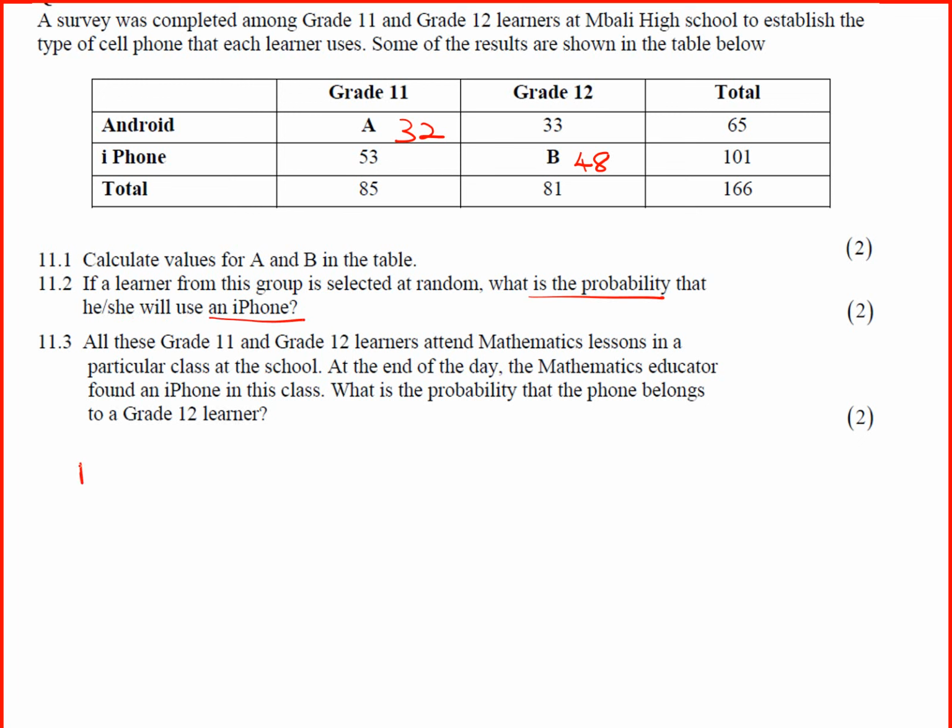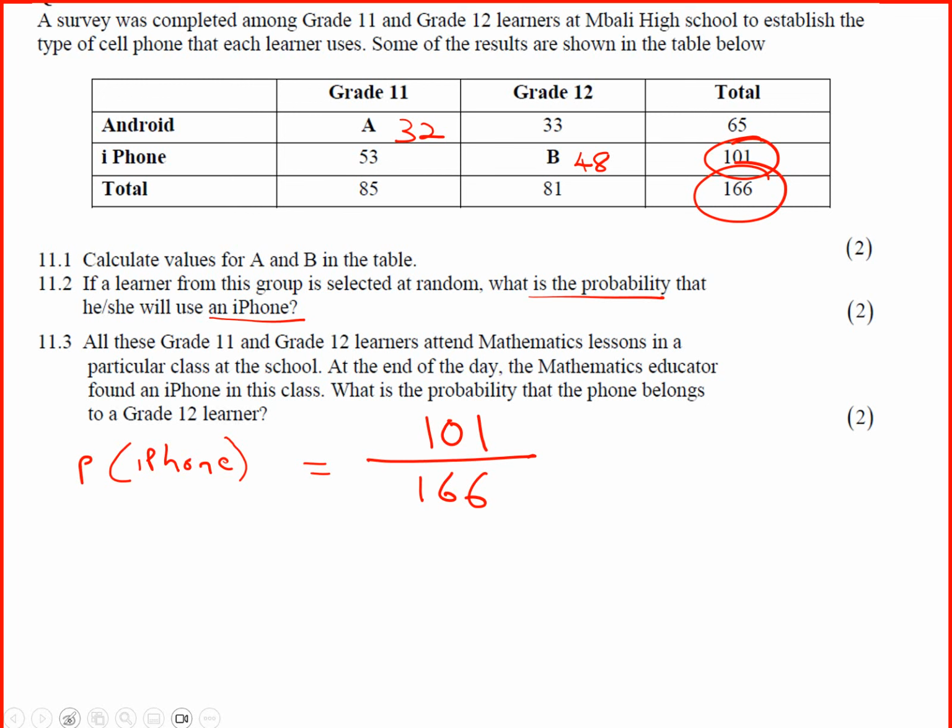So the probability of an iPhone would be equal to, remember it's a fraction, so our total is 166, total sample space. And we're now looking at how many iPhones do we have? And it's actually 101. So it's 101 over 166, which you can simplify on your calculator.